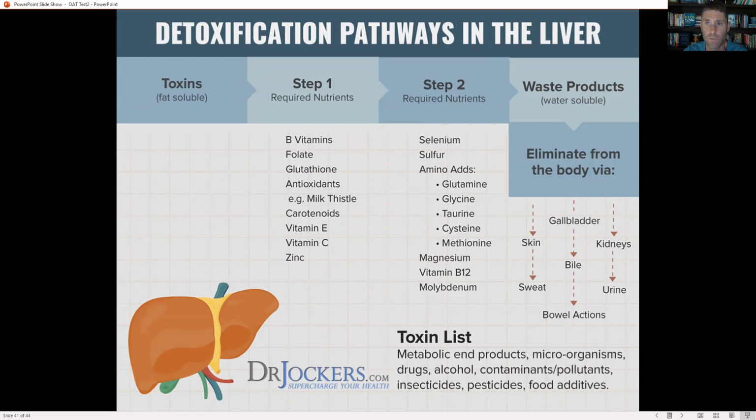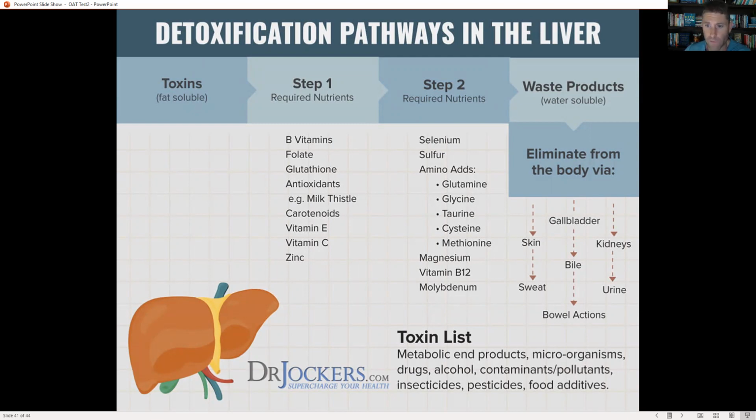So if we don't have good phase 2 detoxification with glycine, glutamine, taurine, cysteine, methionine, these sorts of amino acids, because we have all these processes: sulfuration, glycination, glucuronidation, acetylation. So we have all these, and glutathione conjugation. So we have all these pathways that we need amino acids for.